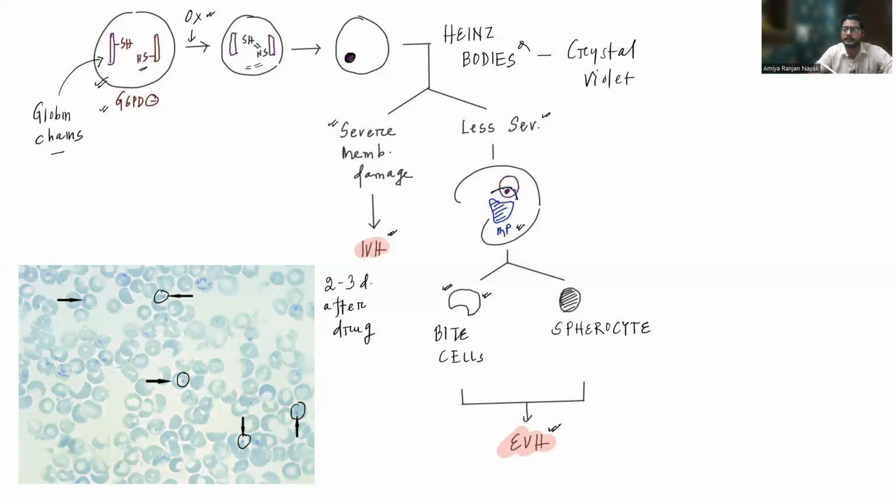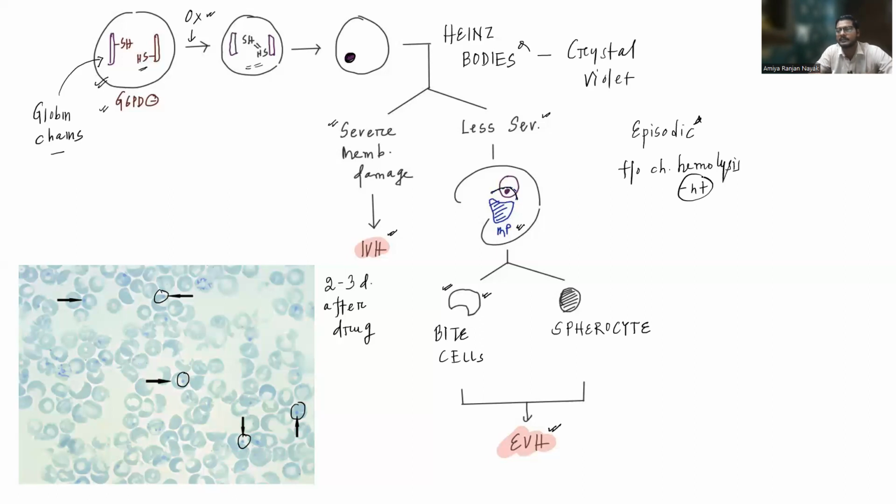But what is interesting to understand is that these are all episodic. Most of the cases are episodic. That's why the features of chronic hemolysis are absent. What are the features of chronic hemolysis? For example, whenever extravascular hemolysis happens for a longer time, there will be splenomegaly and gallstones.